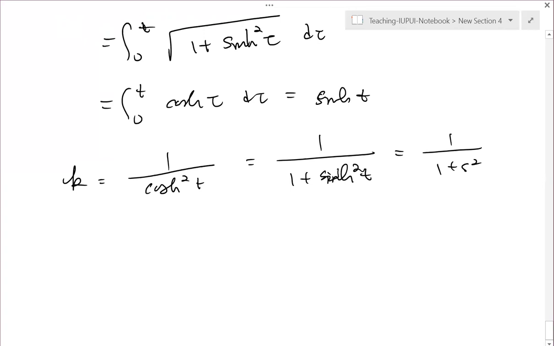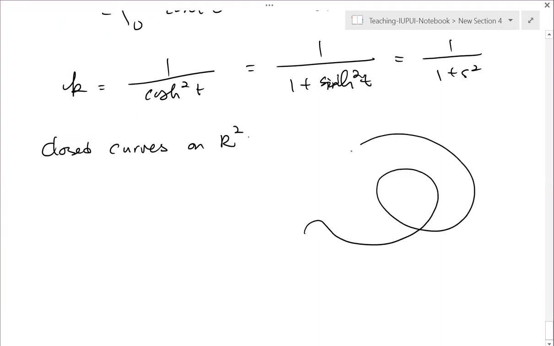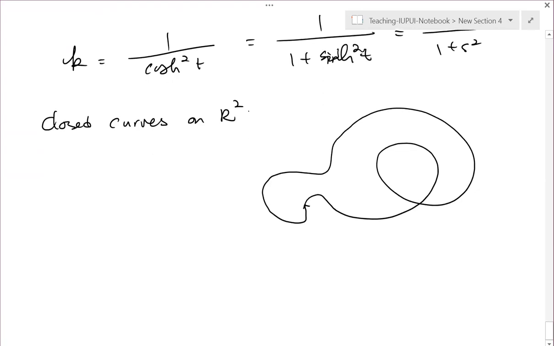So I'm going to look at closed curves in R2. Suppose you have a closed smooth curve. This is also a closed curve.